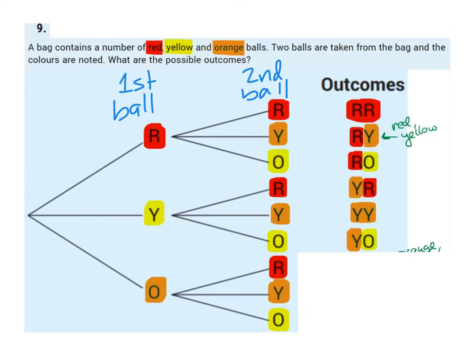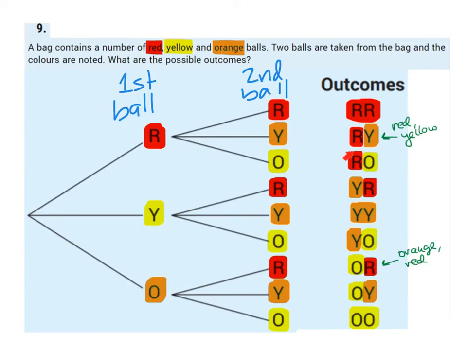And again, we could have had the first ball to be orange and there will be 3 options for that. So first ball orange, second ball red, first ball orange, second ball yellow, or first ball orange, second ball orange as well. So you can see again we have 3 options if the first ball was orange.